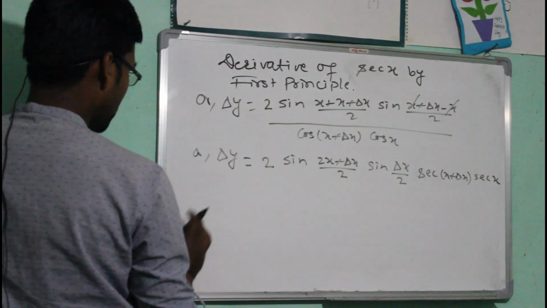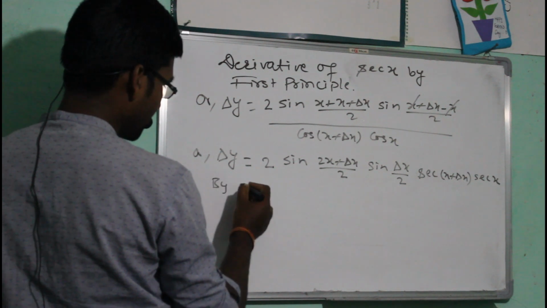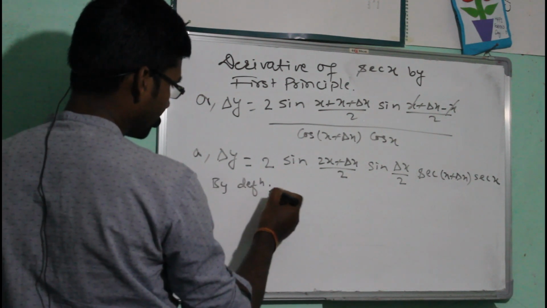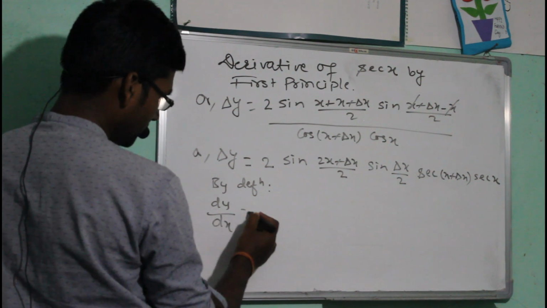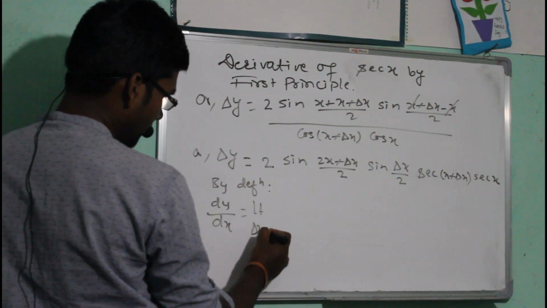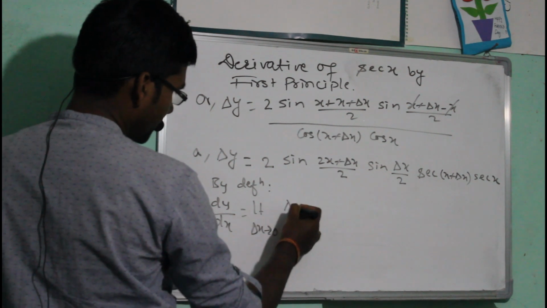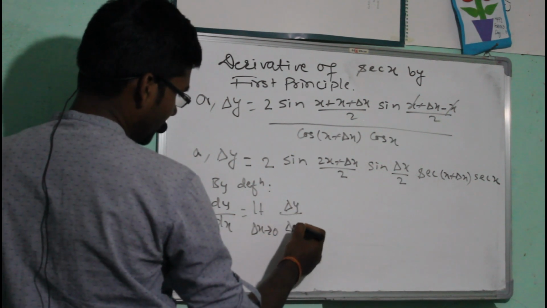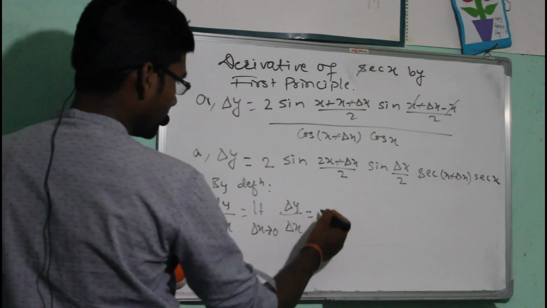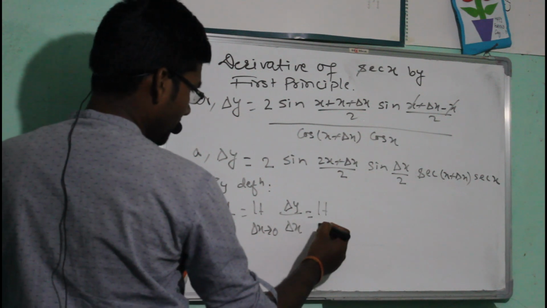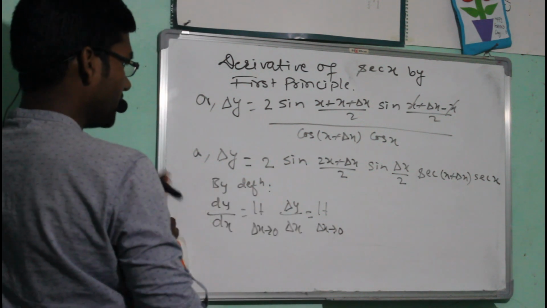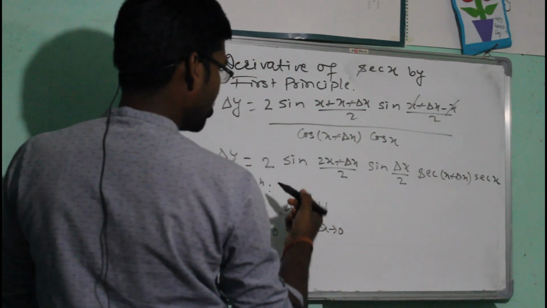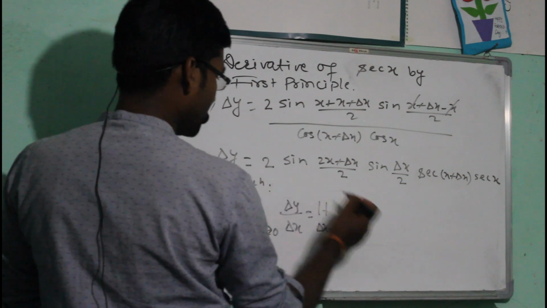Okay, now by definition we can write dy by dx equals limit delta x tends to 0 of delta y by delta x. Now let's substitute the value of delta y.